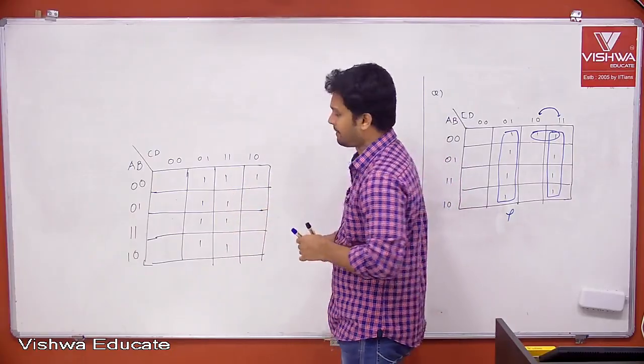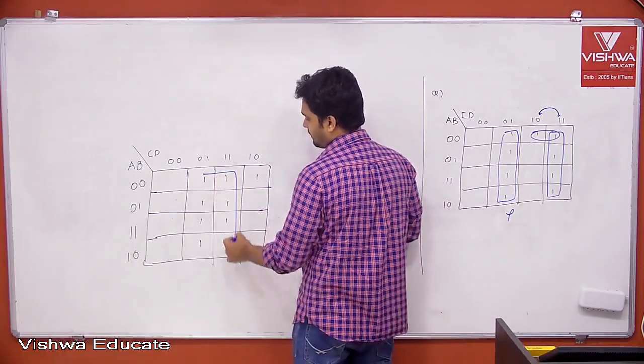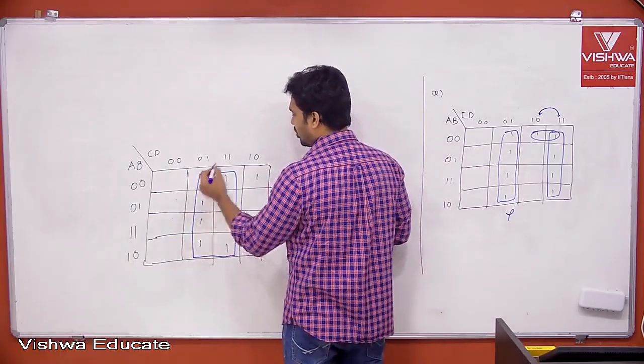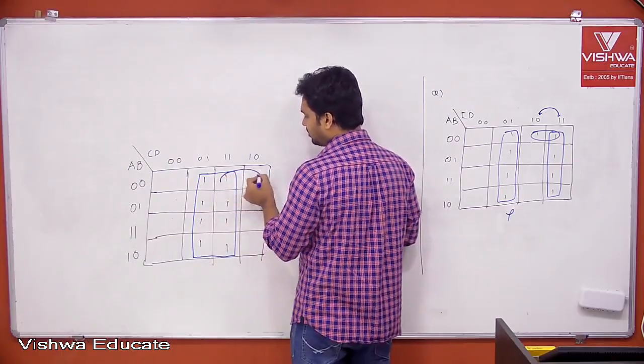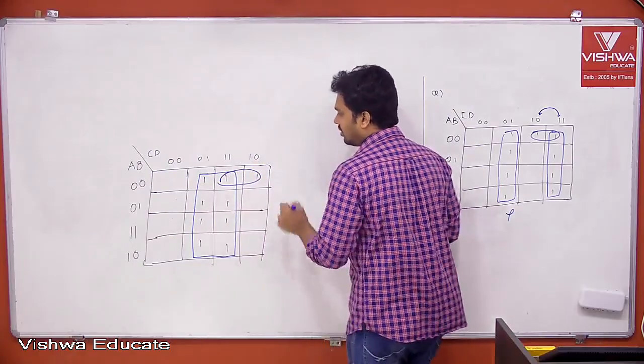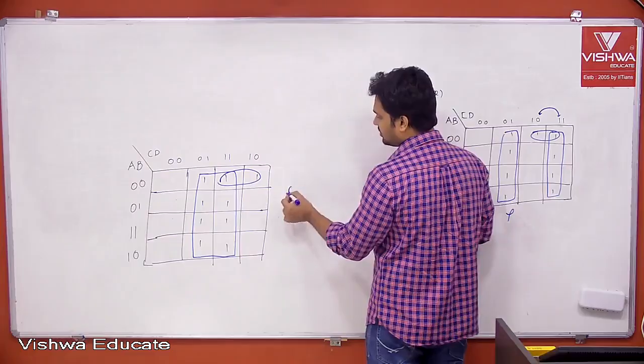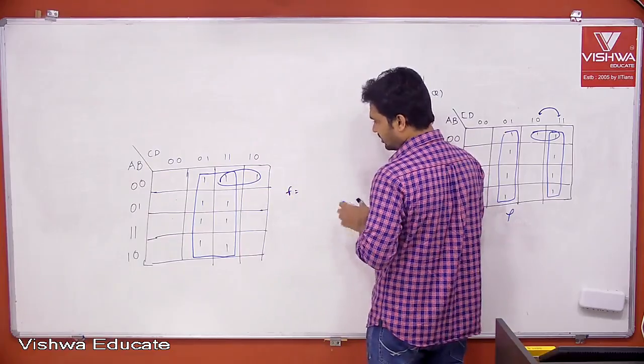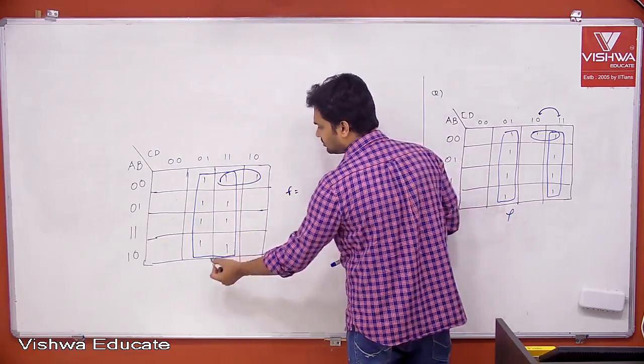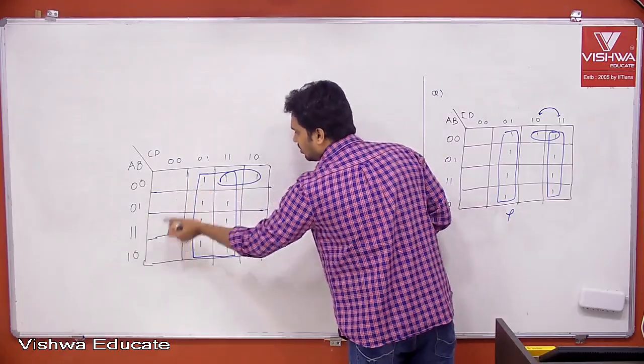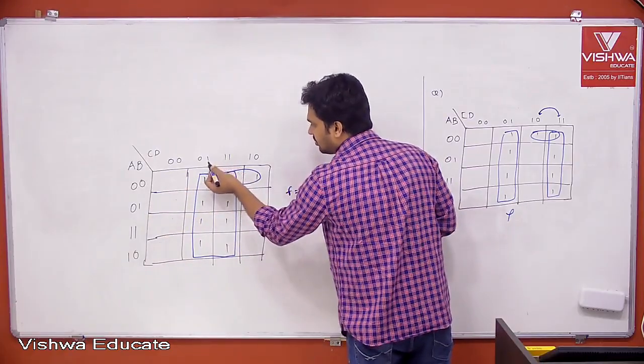Now see here. Octet and pair. Right. Now what is the expression? F is equal to, for this octet, nothing is common here except D. What is common here in both?